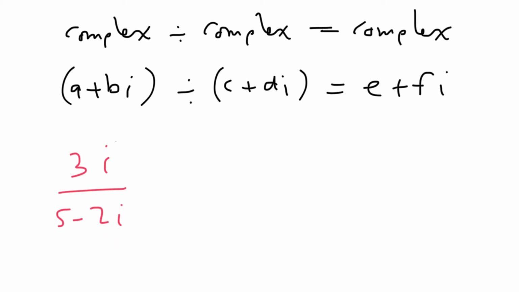We just use the property I told you about, which is the complex conjugate. We try to multiply this by something up and down and see if we can get rid of this i.